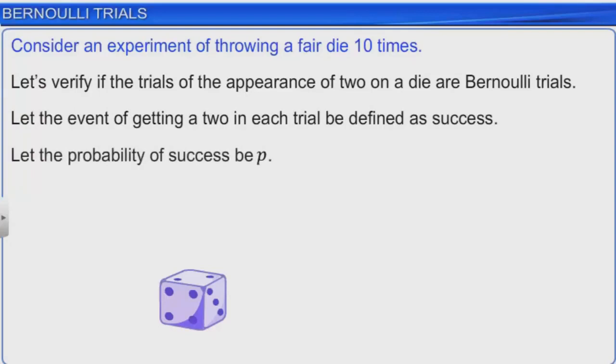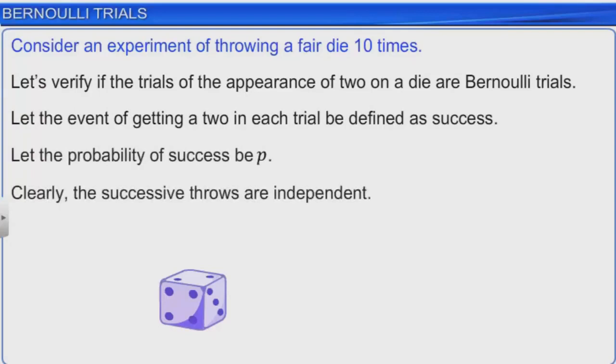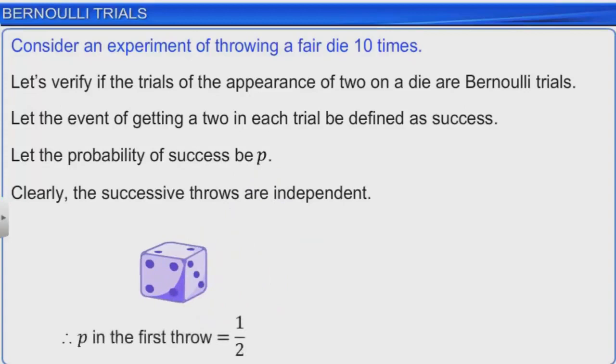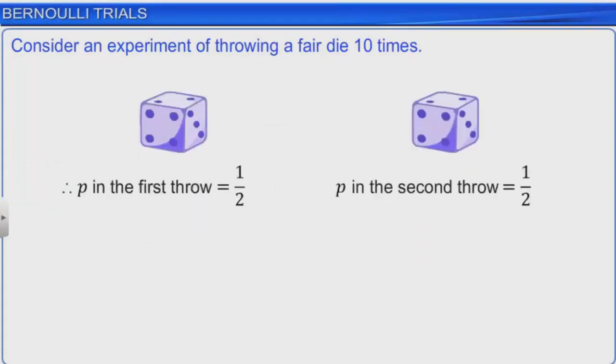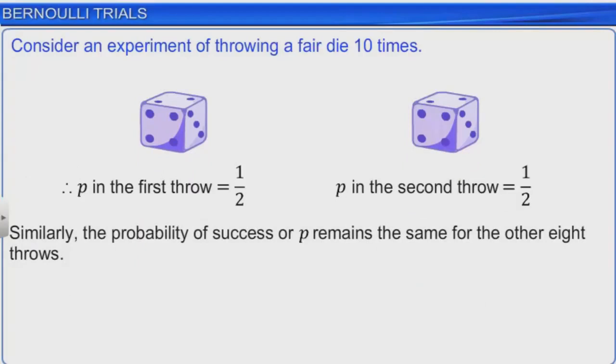Therefore, the probability of success in the first throw is 1/2. The probability of success in the second throw is also 1/2. Similarly, the probability of success remains the same for the other 8 throws. Hence, the trials of getting a 2 are Bernoulli trials.